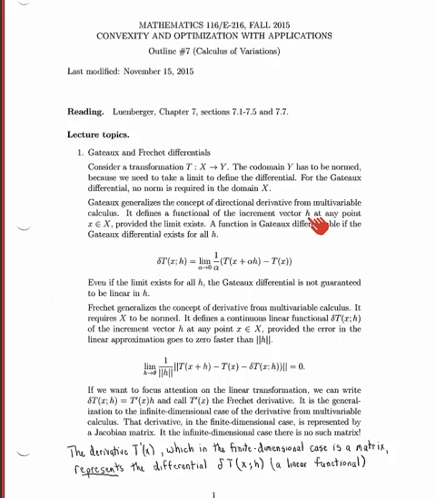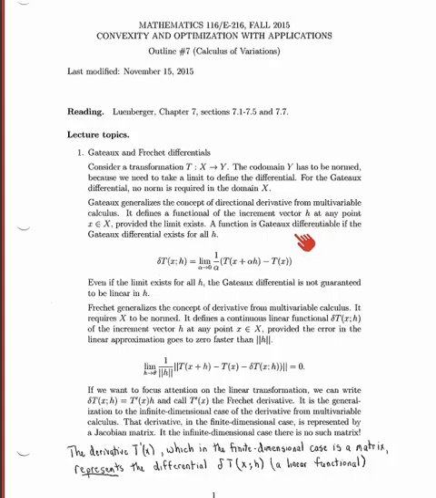What it does is to take an increment vector, which I will denote by h. In R, it would just be a number. In Rn, it would be a vector of n components, but in the spaces we're interested in, it's going to be a function h of t.